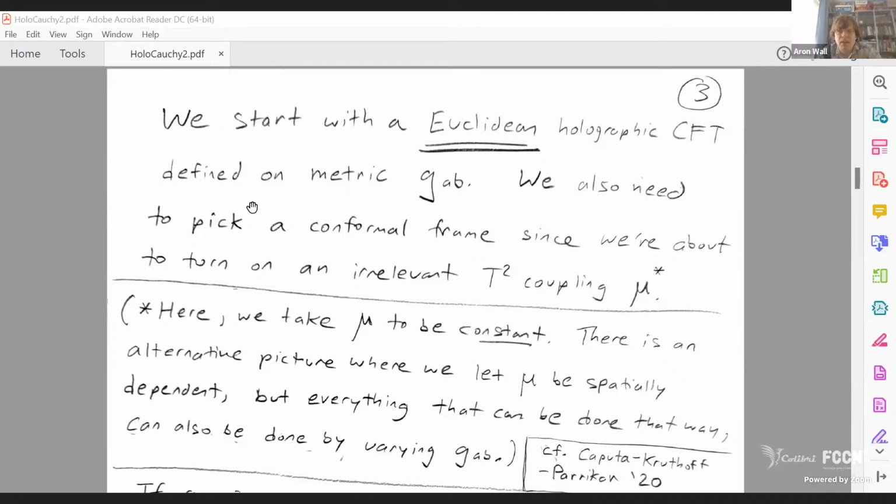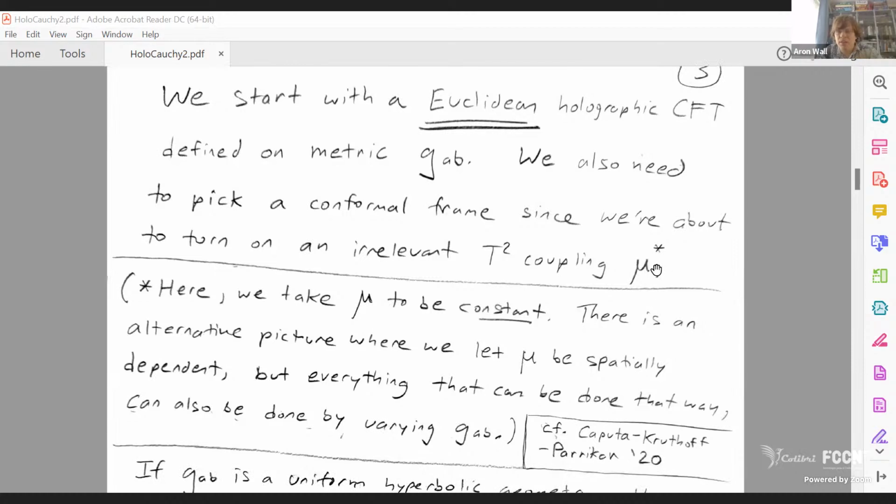We're going to need to pick out a conformal frame for this metric because we're about to turn on an irrelevant T-squared coupling that is going to, in any case, break conformal symmetry. So even if we were in odd dimensions where there's no conformal anomaly, we would still need to pick a particular conformal factor of the metric before beginning this process. At that point, we turn on an irrelevant coupling whose coupling constant is mu.